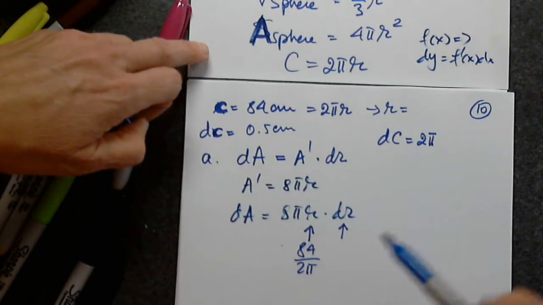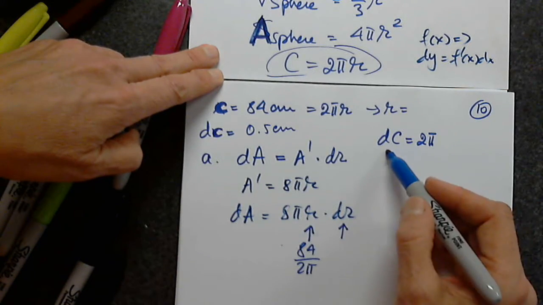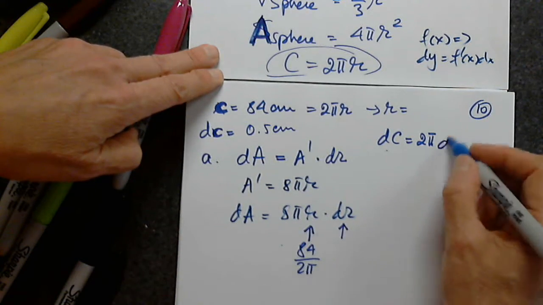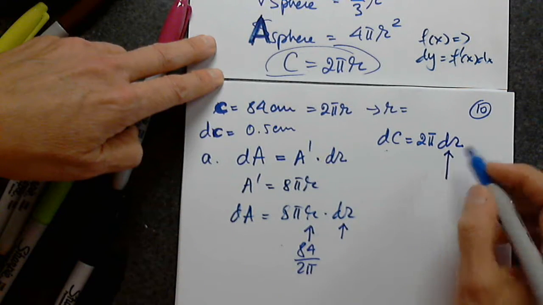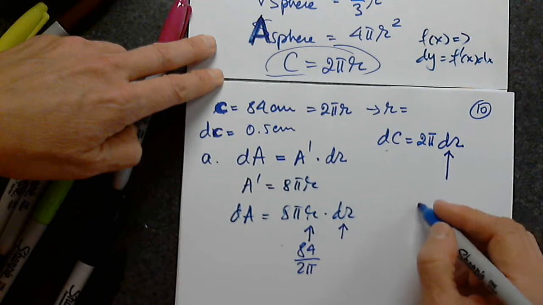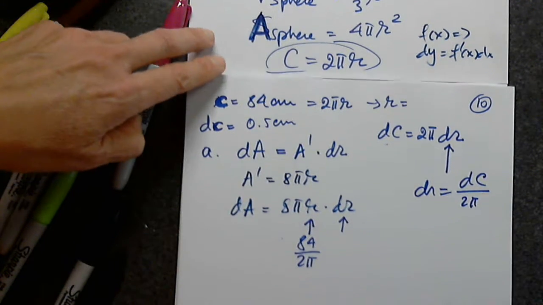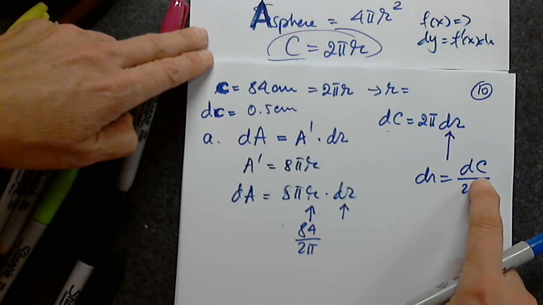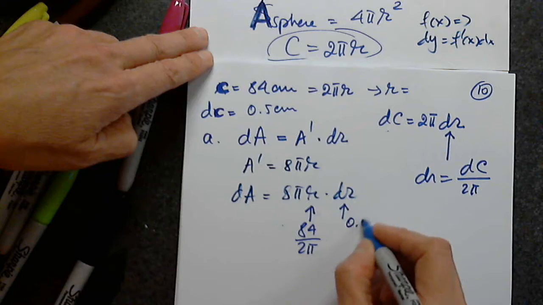When I differentiate both sides, I get dC equals 2 pi times dr. I will solve for dr, dividing both sides by 2 pi. So dr equals dC over 2 pi. And this is my dC, and this is my 2 pi. I think I should do this one more time.